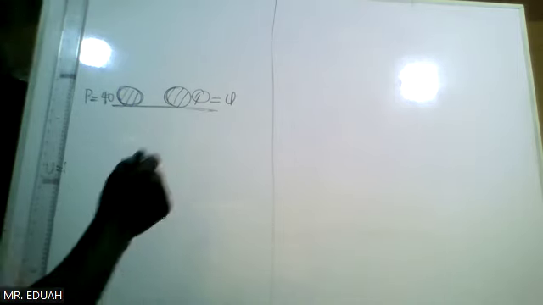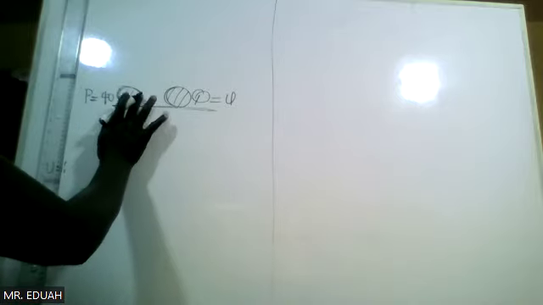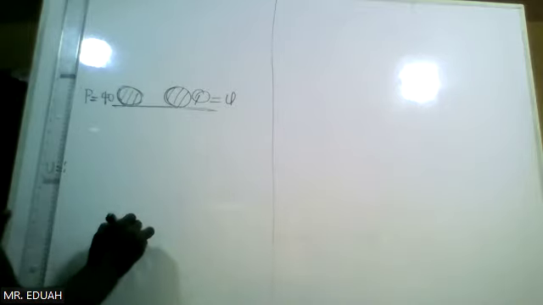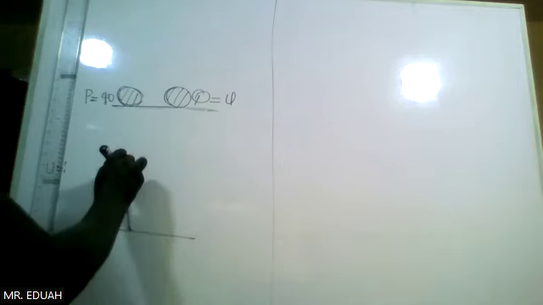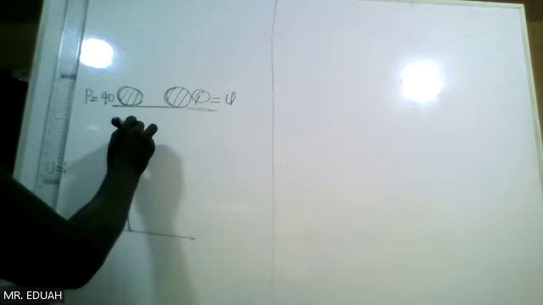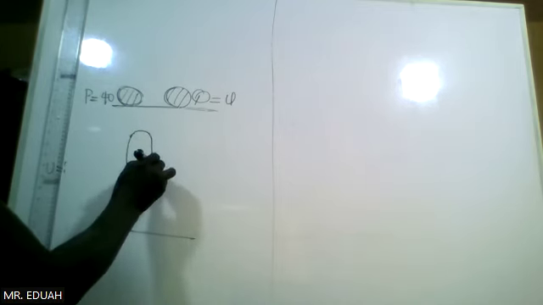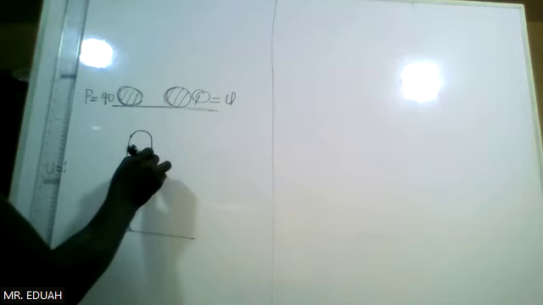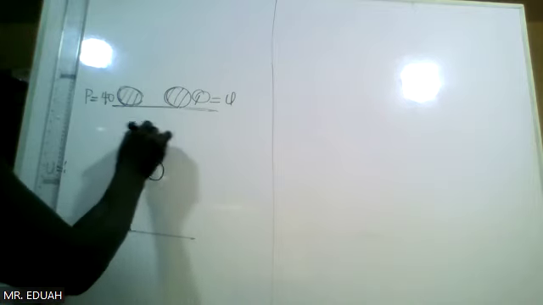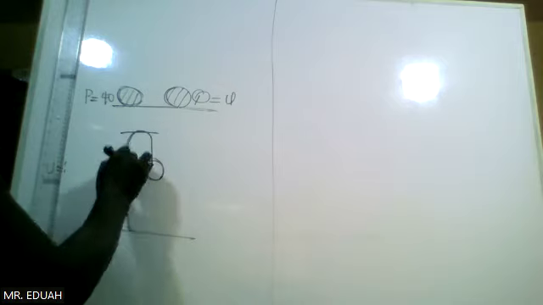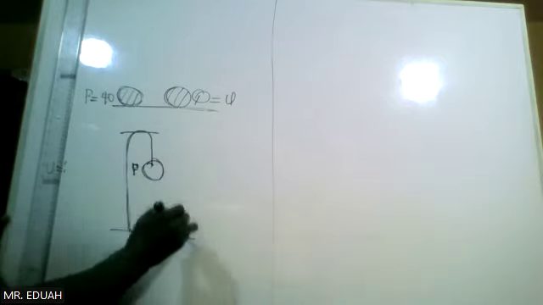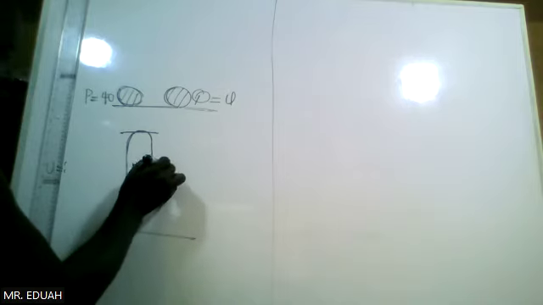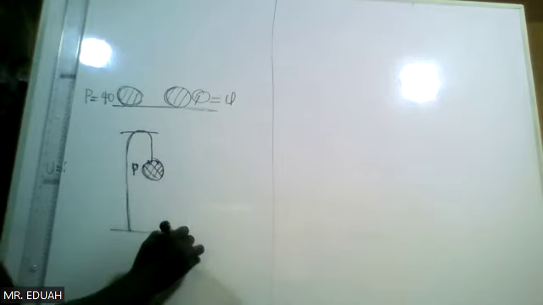So let's look at the diagram. Let's assume this is the path of Q and P. This is the maximum height reached by P. And then we are assuming that this is the point where the two particles meet.